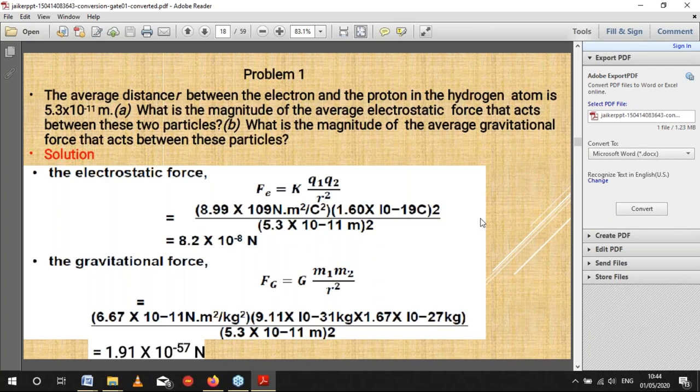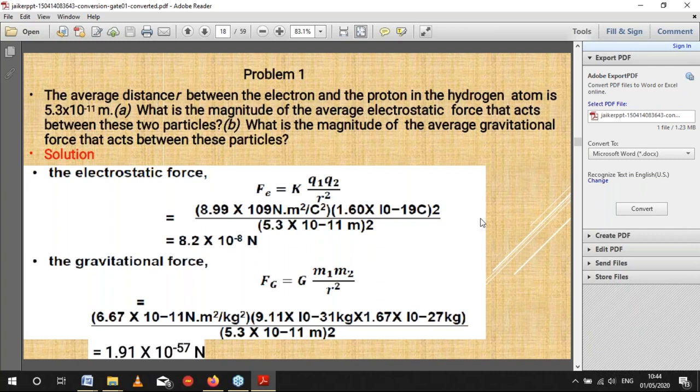Q1 is equal to plus 3.37, which equals 3.37 times 10 raised to power minus 6 C. Then K is equal to 8.99 times 10 raised to power 9 Newton per meter square.